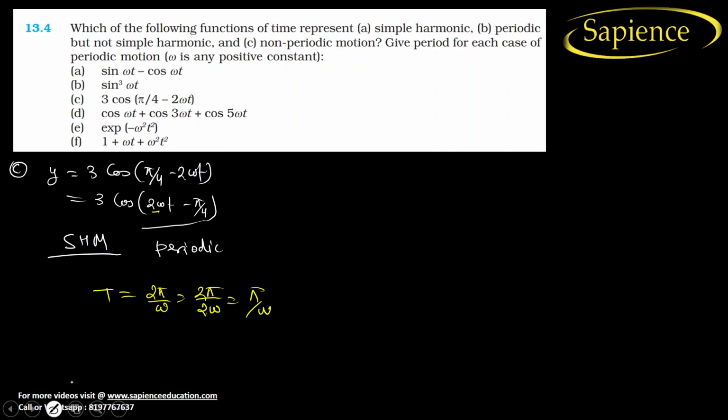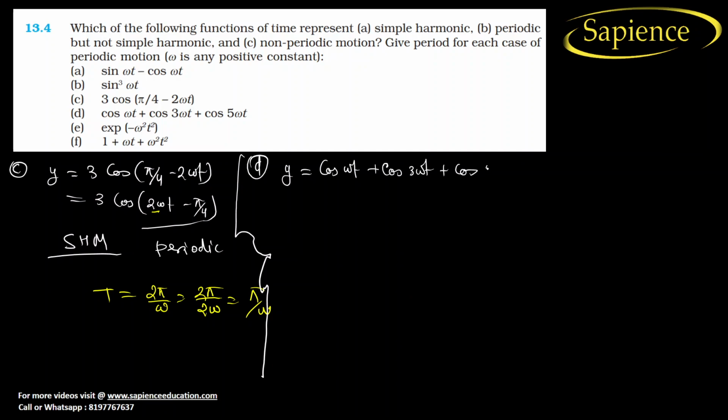Now let us go for question number D. In question number D, what exactly they have given? y is equal to cos omega t plus cos 3 omega t plus cos 5 omega t. See here, all are different S.H.M., so all are periodic because they will repeat themselves.